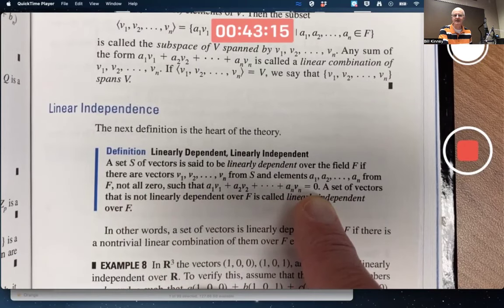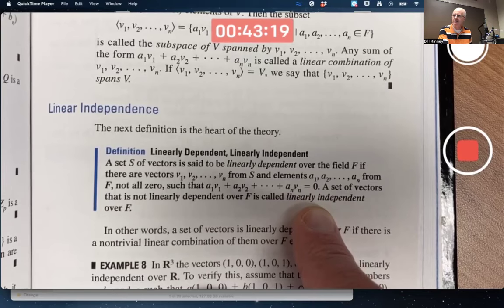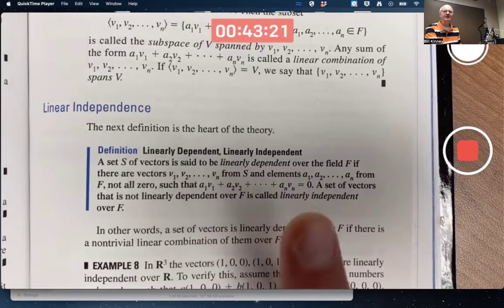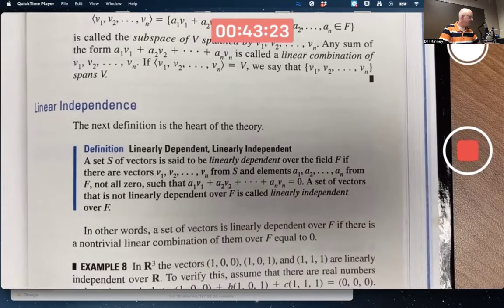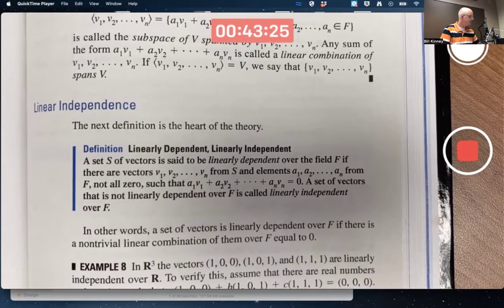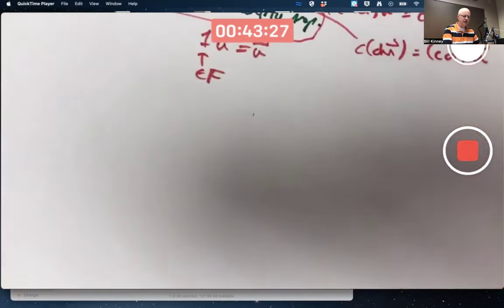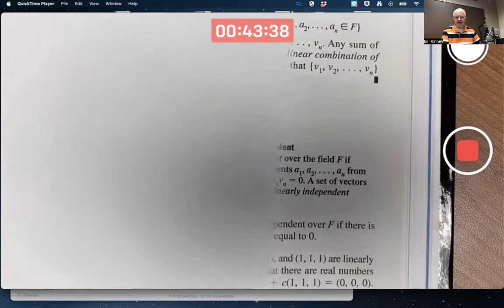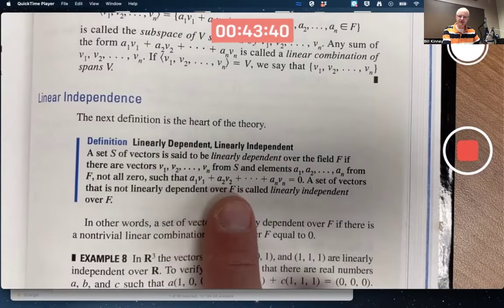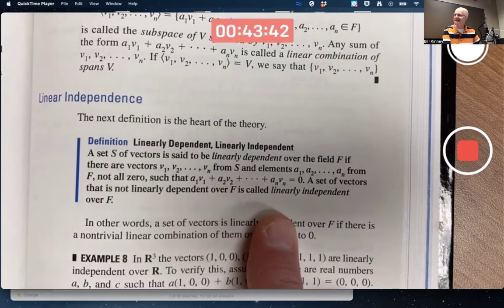And a set of vectors that is not linearly dependent over the field is called linearly independent over the field. Just a little different, I think, than the definition in linear algebra. In linear algebra, you usually define linear independence first, and then you say linear dependence is not linear independence. Here you're defining linear dependence first, and you say linear independence is not linear dependence.